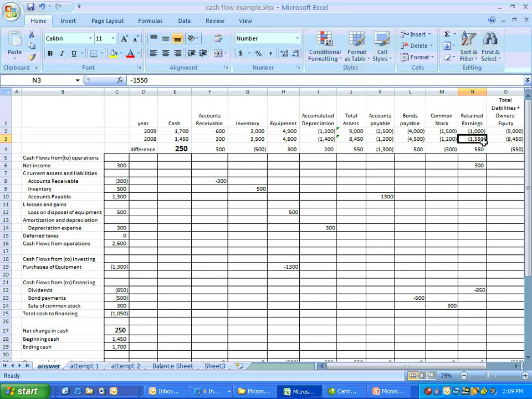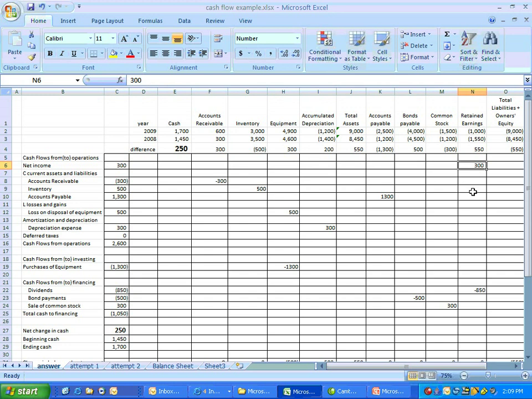At the end of 2008, it was $1,550. So the retained earnings decreased by $550. Well, $300 would have increased the retained earnings. So I've dropped that over in my net income column, and that is going to use up a portion of that retained earnings.